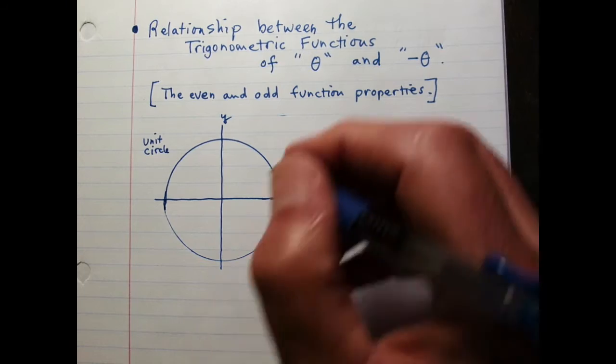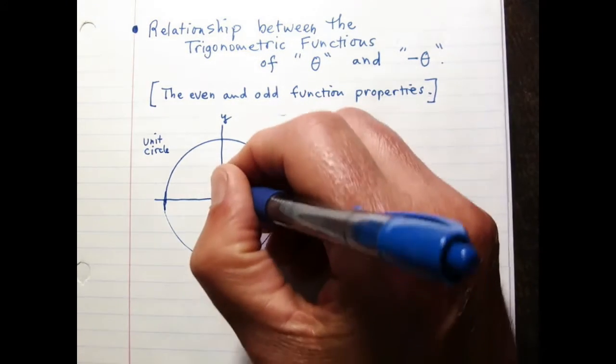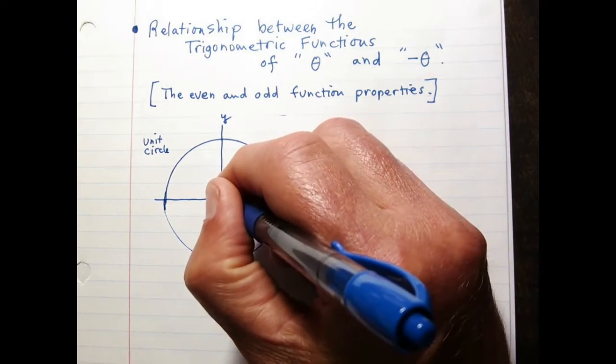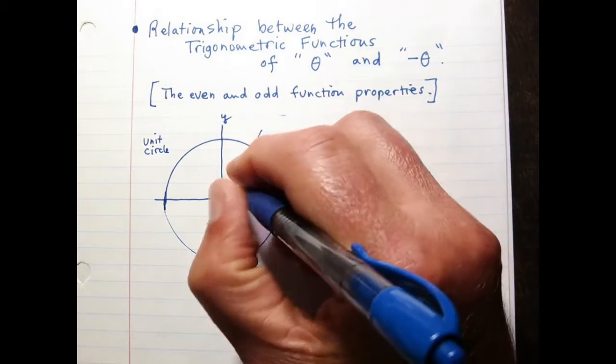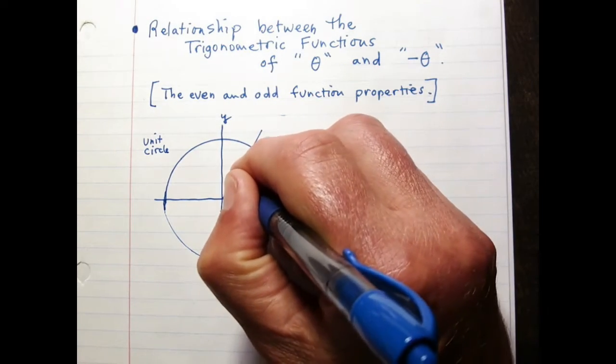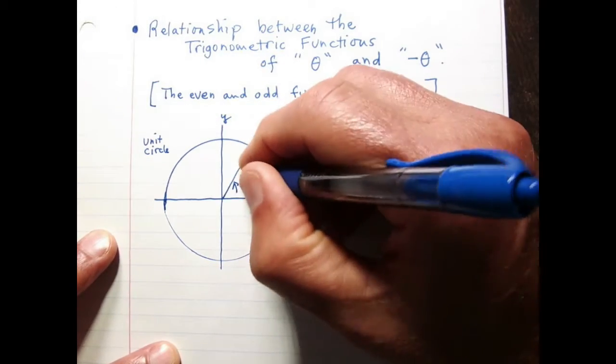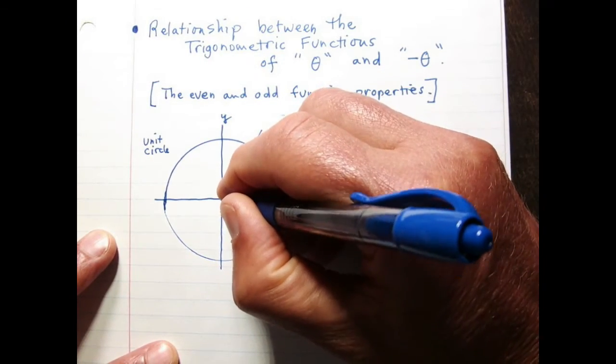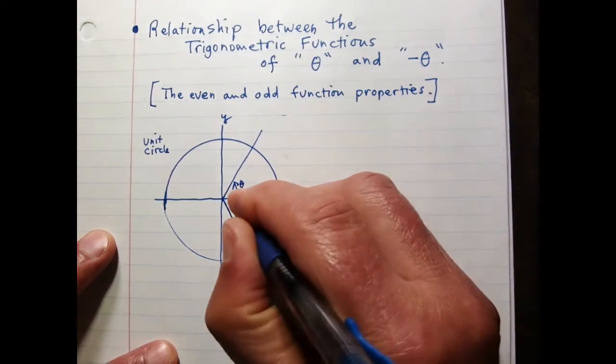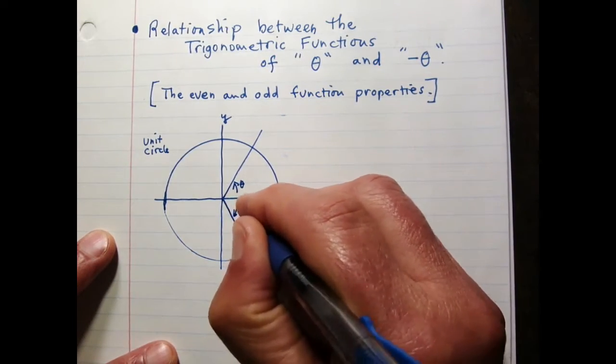All right, so what I want you to try to imagine is, on the unit circle, an angle theta in standard position. And now I'm also going to draw minus theta. So minus theta, we kind of come down like that.